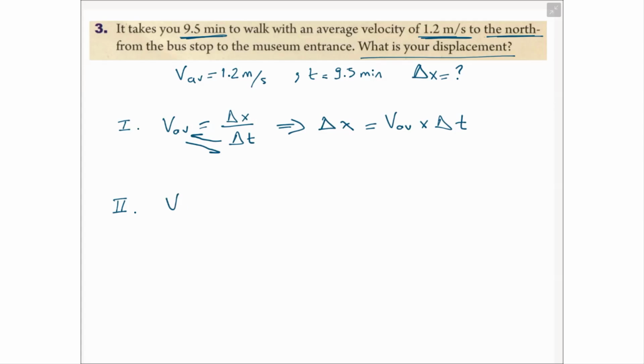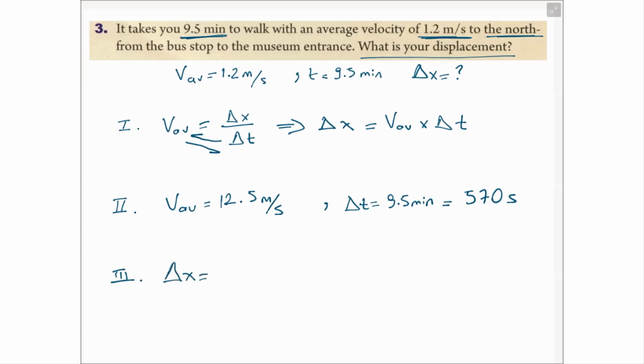And the second step, v average is given 1.2 meter per second, and delta t is given 9.5 minutes. So now I have to convert time into seconds, so it is equal to 570 seconds, and the third step will be substitution.